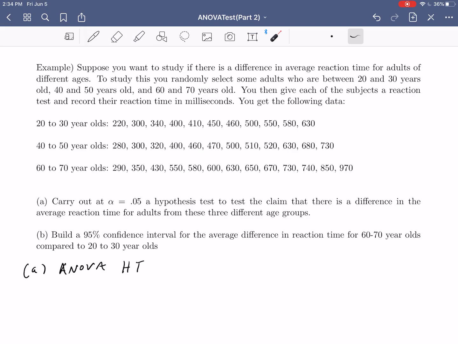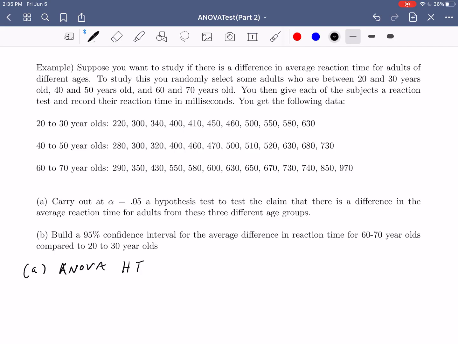Well, obviously, one argument against that is that we'd have to run 3 different hypothesis tests. So that doesn't sound like a particularly pleasant amount of work. But there's actually a deeper reason why we avoid doing that. We have to remember that anytime we carry out a hypothesis test or we build a confidence interval, we have the potential to make an error. We've spent a lot of time introducing and discussing type 1 and type 2 errors.